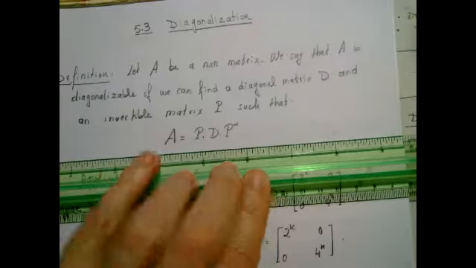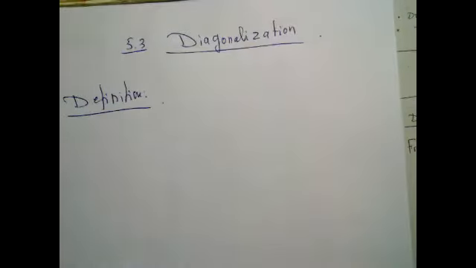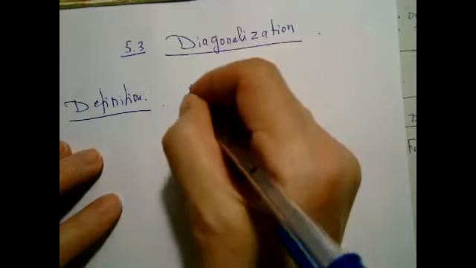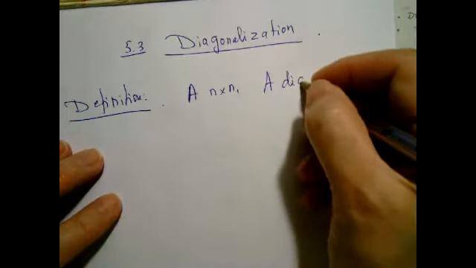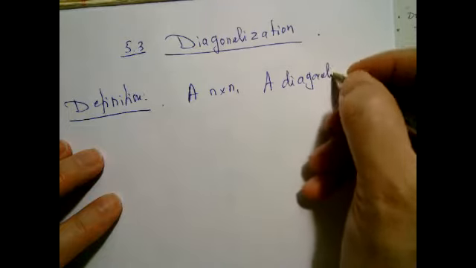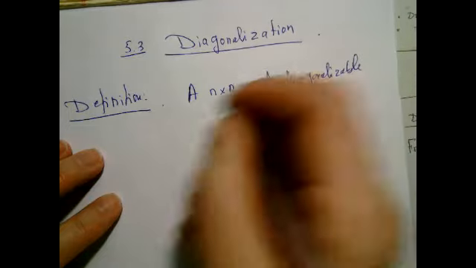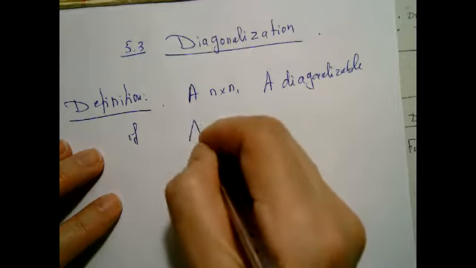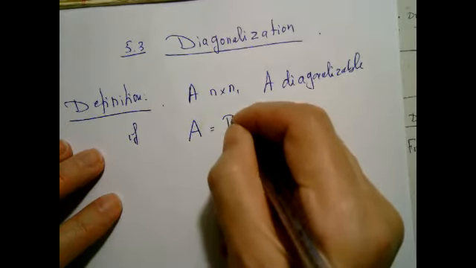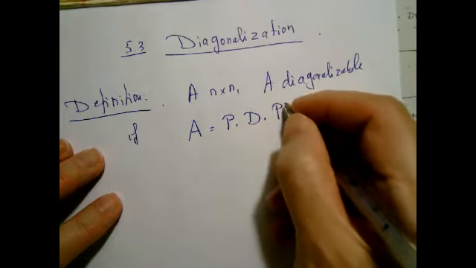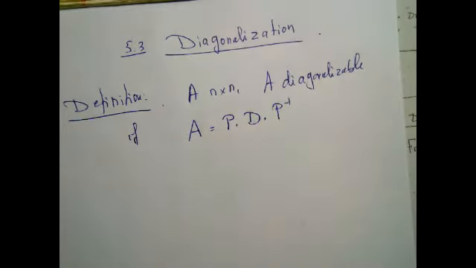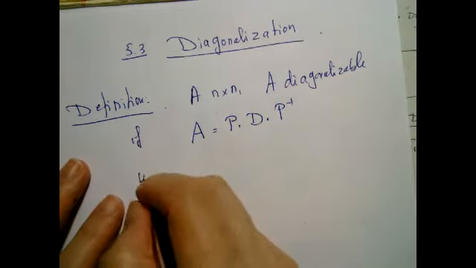So a matrix A, n by n, is diagonalizable if I can factor A like this: a certain matrix P, a diagonal matrix D, and the inverse of P, where D is diagonal.